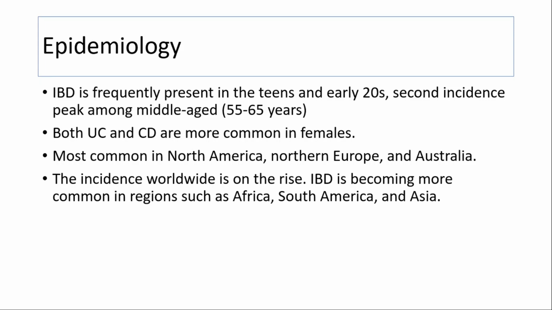IBD used to be very common, I mean, very common, in Caucasians, in North America, Northern Europe and Australia. But now we can see that the incidence worldwide is on the rise, and it is more common now in regions like Africa, South America and Asia, which historically was quite low before.